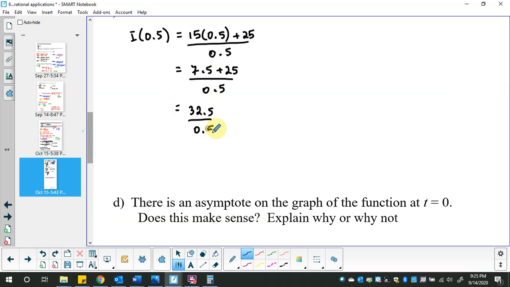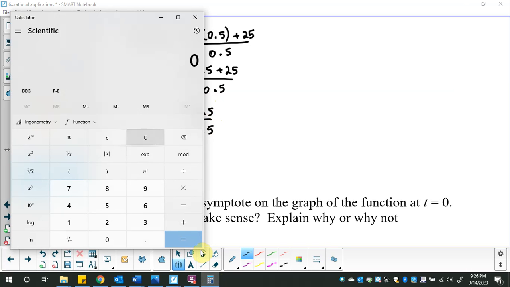Now, that's not good enough, so we actually have to finish this off. But I want you to realize that when you're dividing by a decimal, you're going to end up with a bigger number. So 32.5 divided by 0.5 isn't half of 32.5, so it doesn't make it smaller. You actually are going to get, just to be on the safe side, 32.5 divided by 0.5, 65.